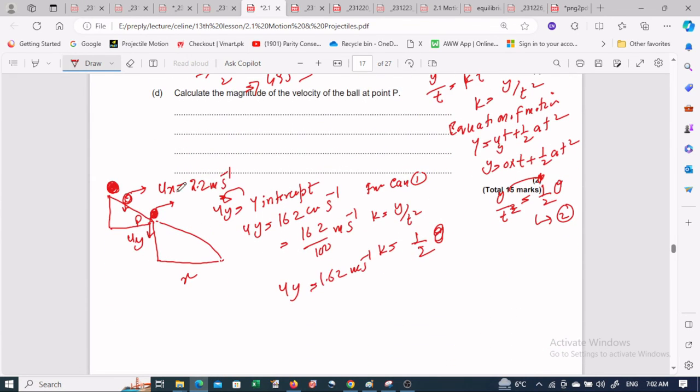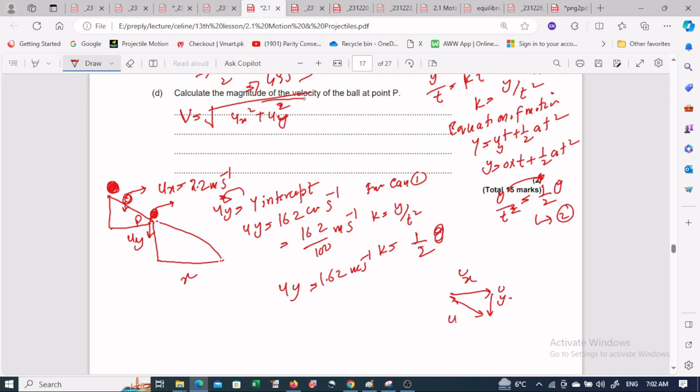So if we have the x component and the y component, we can find the magnitude of velocity by using this formula. The formula for velocity is equal to the square root of x component square plus y component square. This is the simple Pythagoras theorem. If we have two vectors, this is the resultant vector, this is the x component, this is the y component.